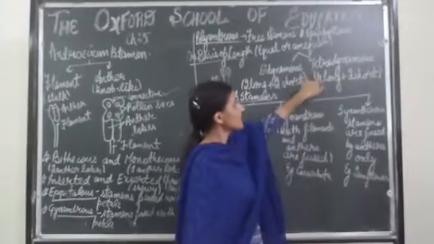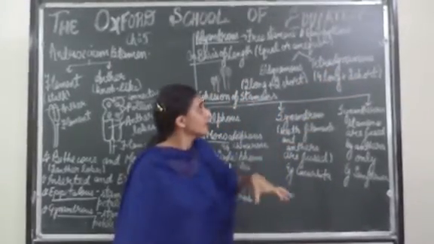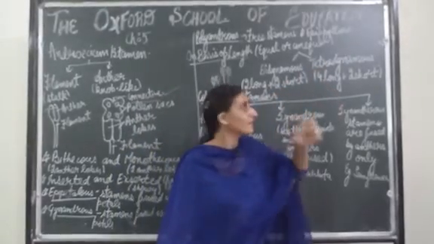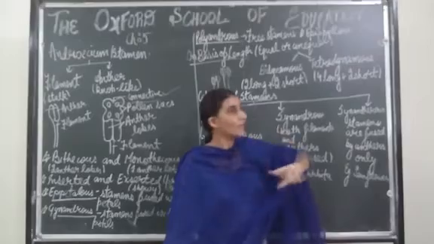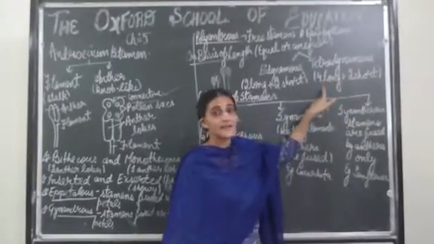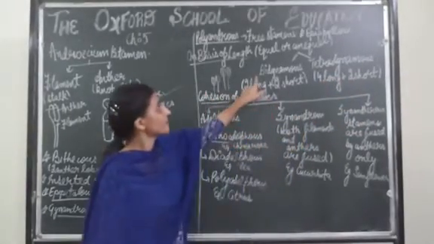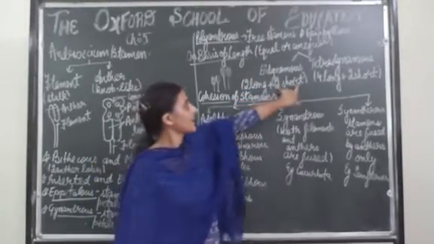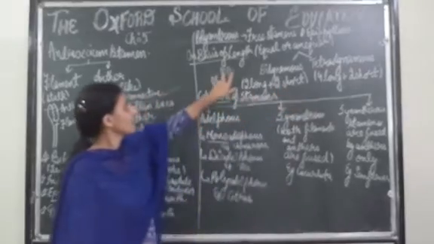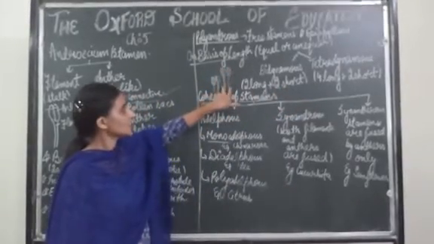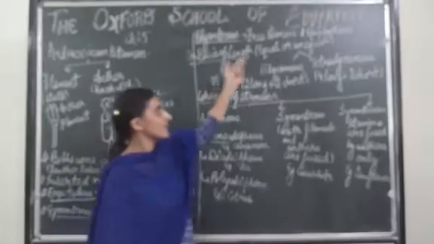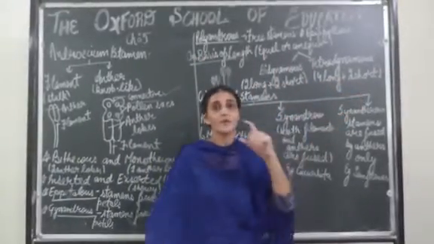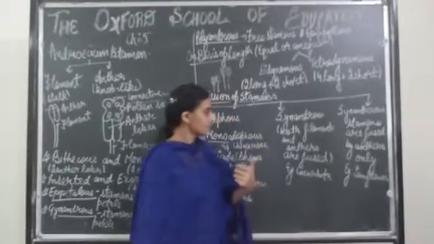Tetradynamous: tetra simply means four. That means in this category, four stamens will be long and two will be short. In didynamous, two are long and two are short. For example, I have drawn here two long stamens and two short. Similarly, in tetradynamous, four will be long, whereas two stamens will be short in size.